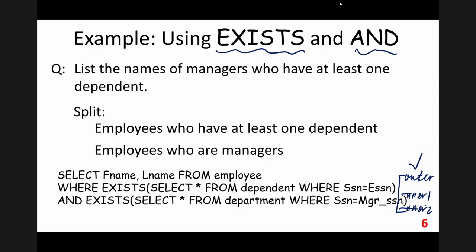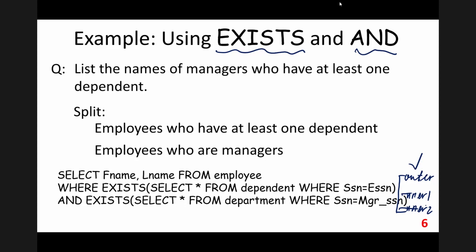Then we move to the inner query, where inner one, we'll put the exists function. We apply it on the first requirement. Select star from dependent, where SSN equals ESSN. This query should not be empty.